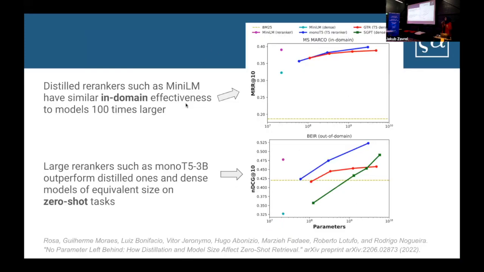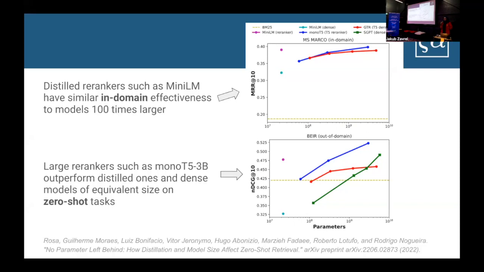So here you see, on the top, when we are evaluating in domain, we saw that size doesn't matter so much. For instance, the MiniLM re-ranker on the top is a much smaller model that is distilled from a much larger model. It's performing almost as well as the MonoT5 model, which is a number of times larger than that one.